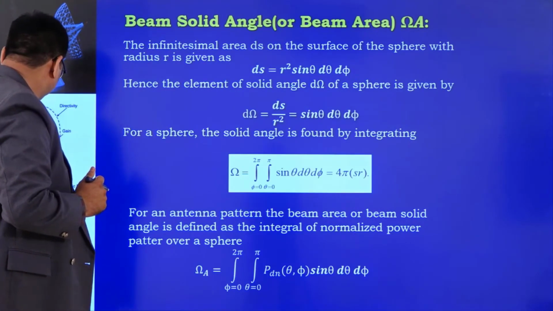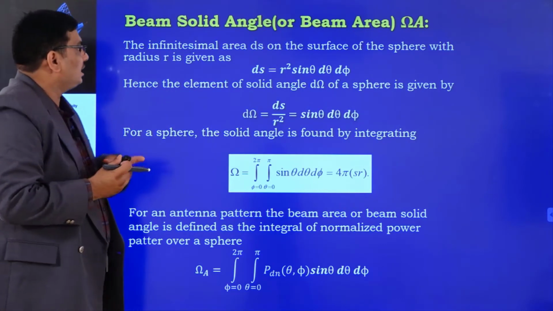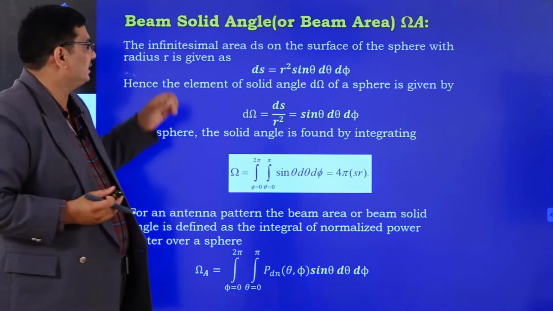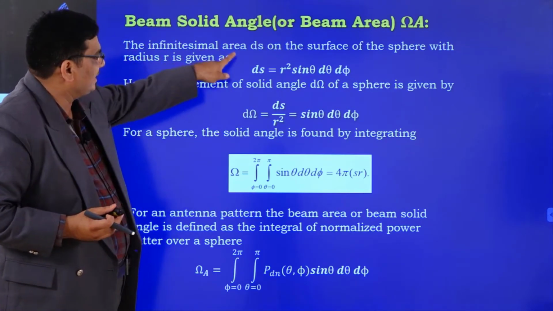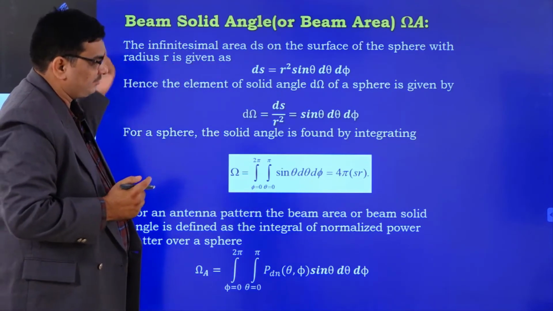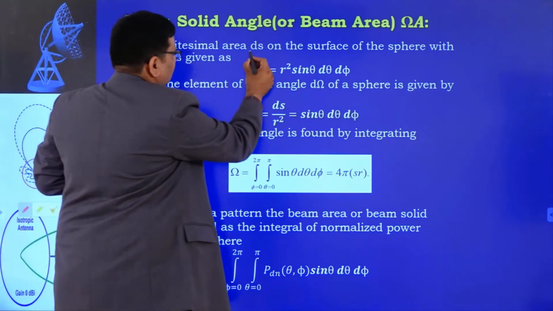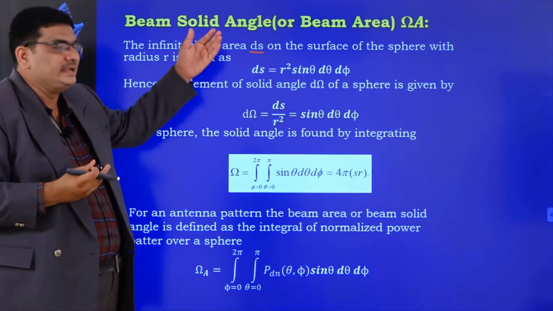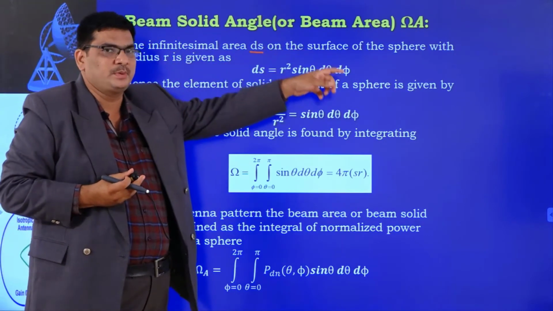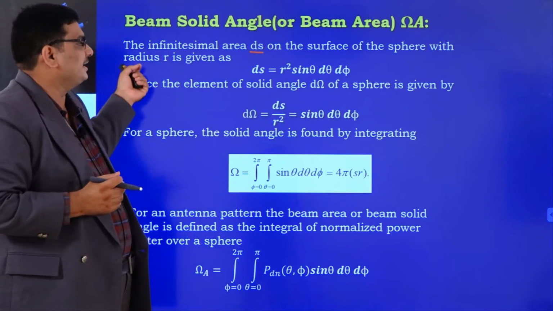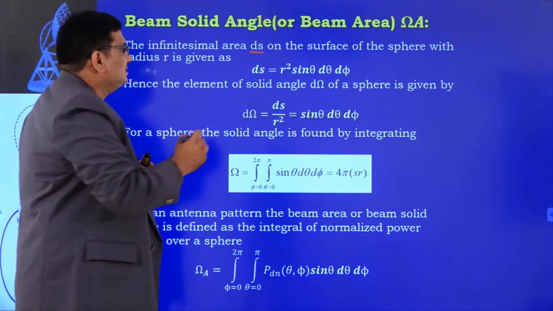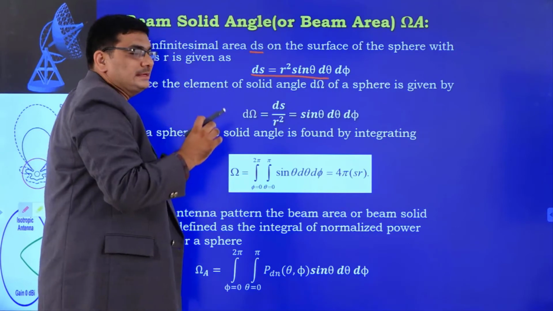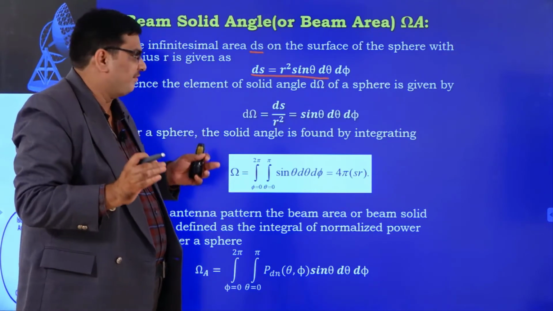So here we are taking a small piece of area, that is the infinitesimal area. In the figure we have written it as dA, but we also write it as ds, no problem. We take ds on the surface of the sphere with radius r. In the diagram, dA is given as r square sin theta d theta d phi.